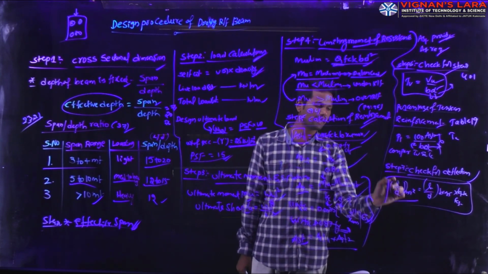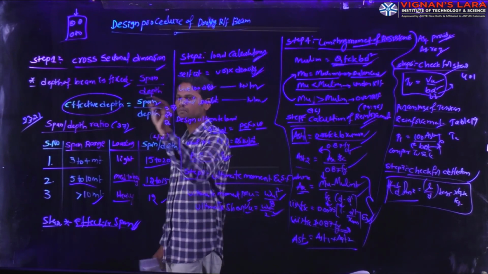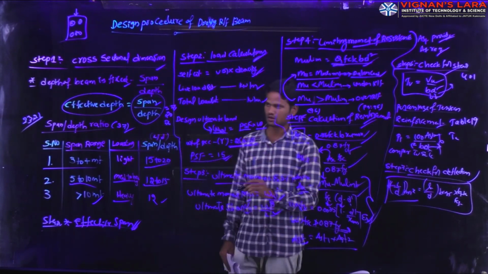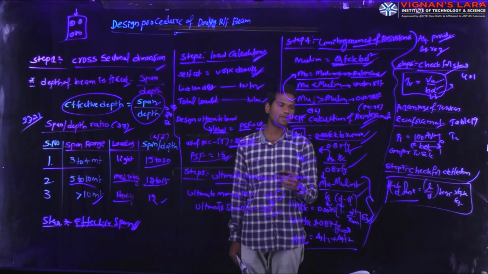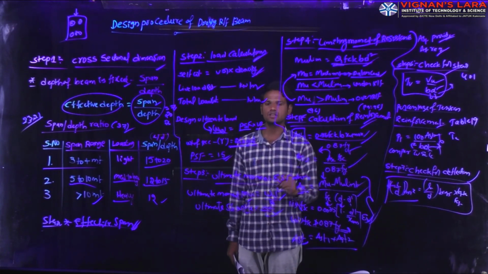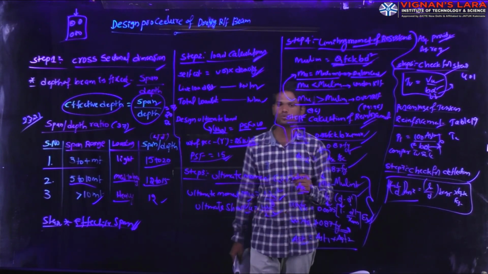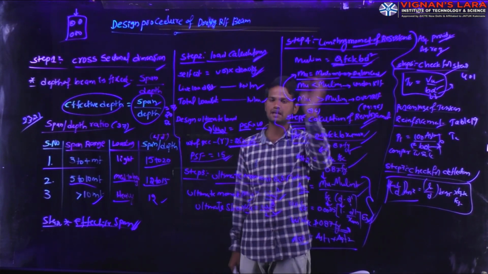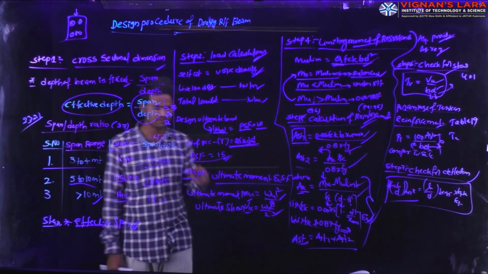L by d max is the span to depth ratio. Based on the maximum deflection, we have to calculate whether the provided deflection is within the permissible limit or not. This is the procedure for design of a doubly reinforced beam section.